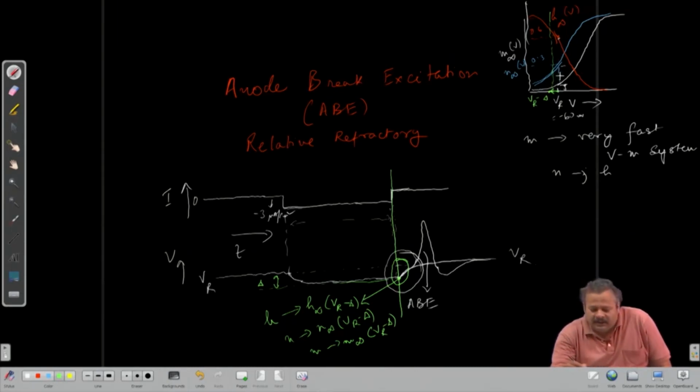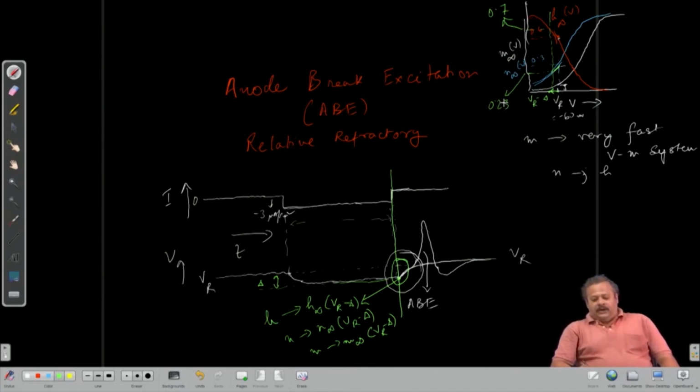However, there is a larger change in the values of n and h. This turns out to be around 0.7 and this turns out to be around 0.23.